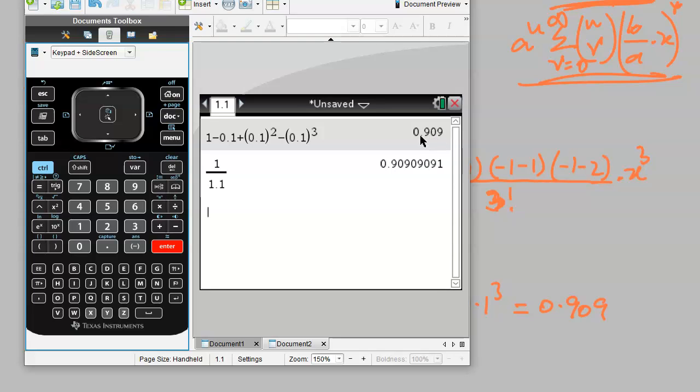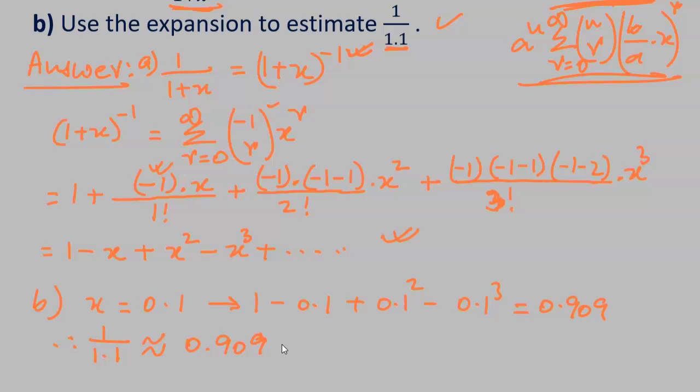Therefore, they have given 0.909. So we have got fairly an accurate answer. Okay, this is 90 recurring. So 1 over 1.1 is equal to 0.90 recurring using calculator.